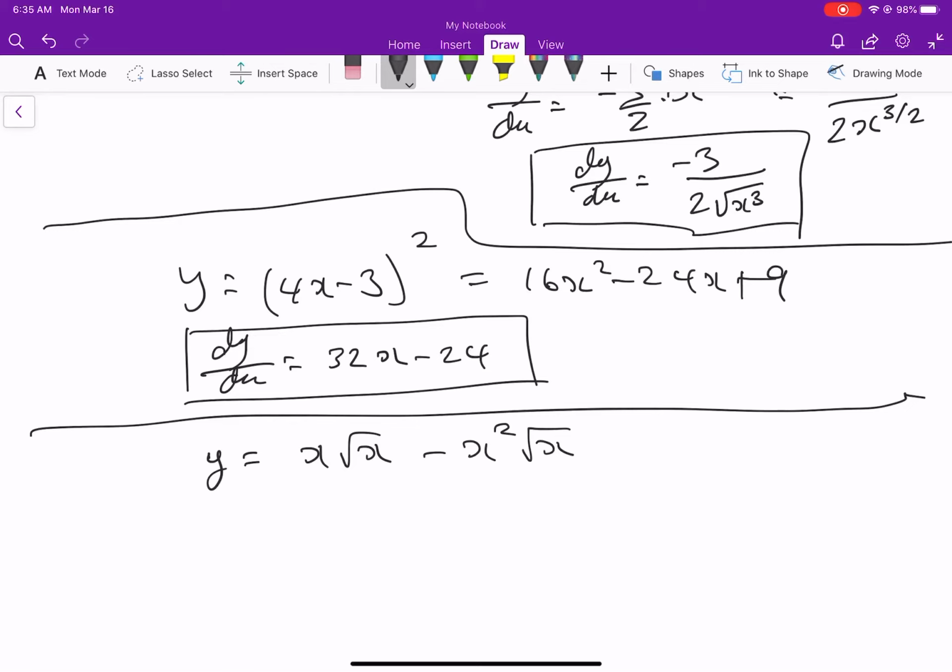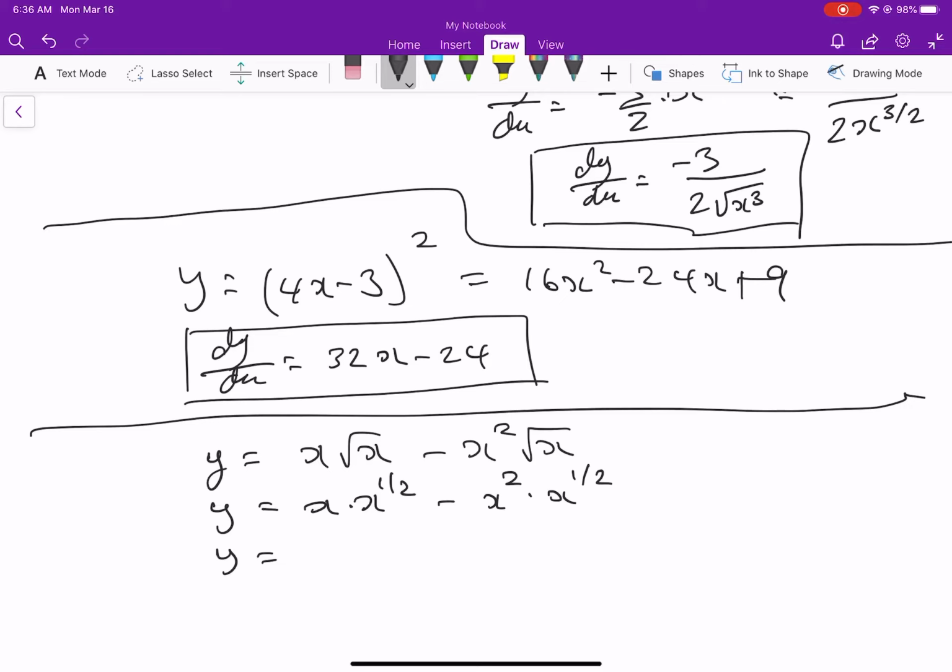We're going to apply a lot of indices here. So we still write y because we aren't differentiating as yet. We want to make sure that each part of this function looks like a polynomial. y is equal to x times root x, which can be written as x to the half, minus x squared times x to the half. I have to do a little more simplification.